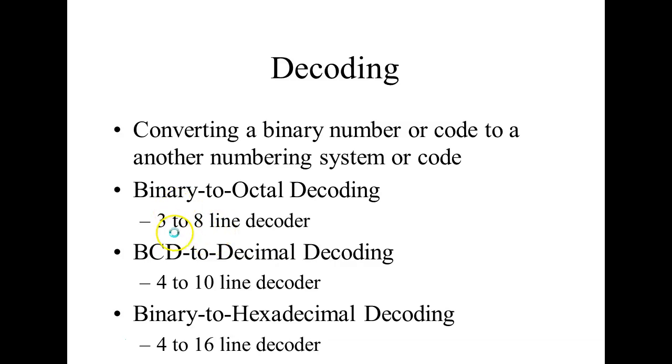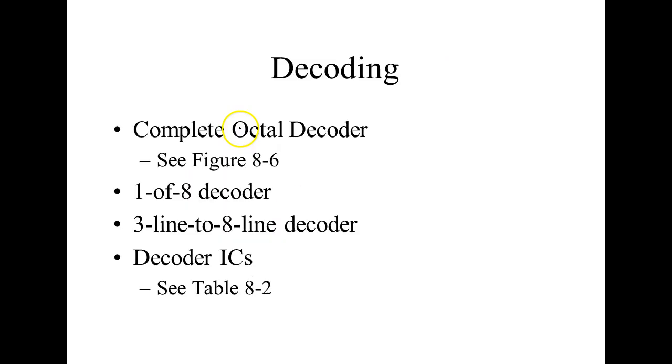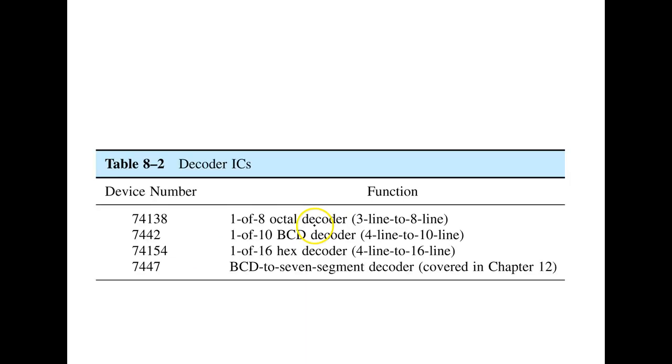So we have a 3 to 8. This is a 74138 octal decoder, also called a 3 to 8 line decoder. This is used all over the place. This is standard, by the way.